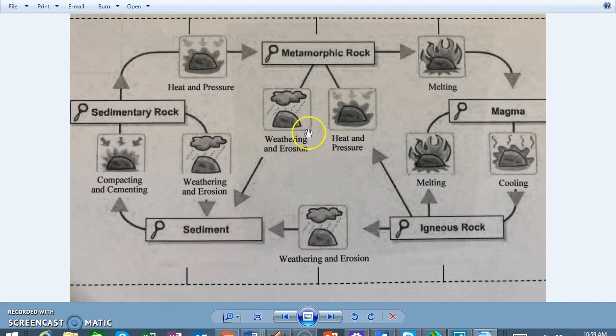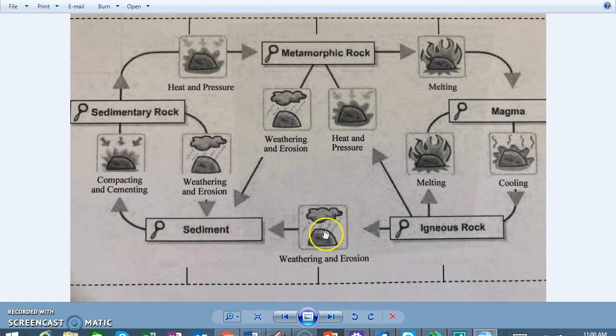All right, let's go back to metamorphic rock for a moment. So what if that metamorphic rock weathers and erodes? Well, guess what it goes to? Sediment, which then becomes cemented and compacted and turns into sedimentary rock. So before that sedimentary rock can happen, you first have to have weathering and erosion, sediment, cemented and compacted.